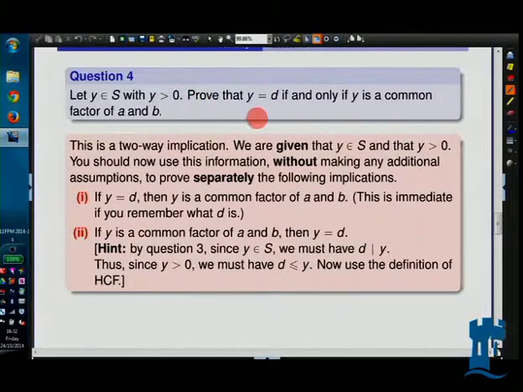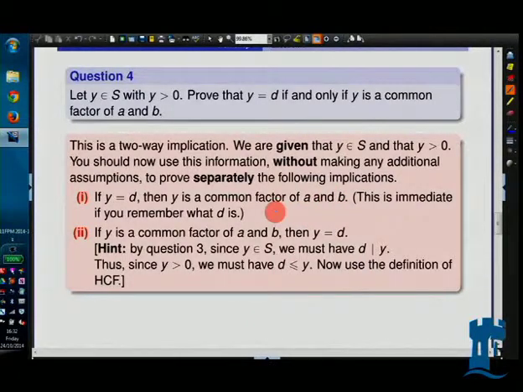It's a two-way implication, and one direction is trivial, and the other one is slightly less trivial. So you need to try and prove two different things. One is that if y is equal to D, then y is a common factor of A and B, and that's trivial, so I'll give you that one.